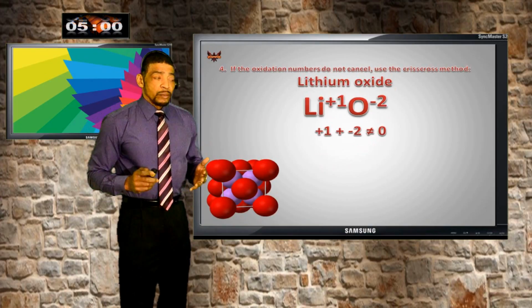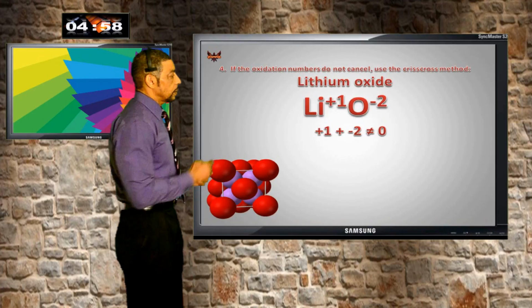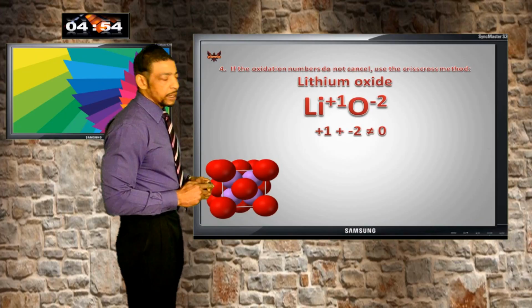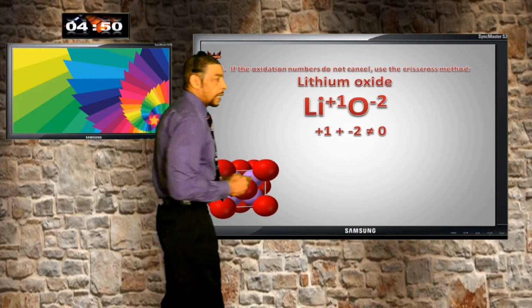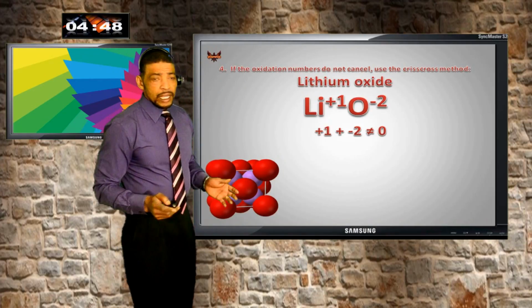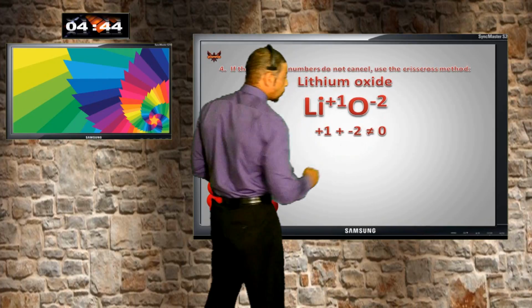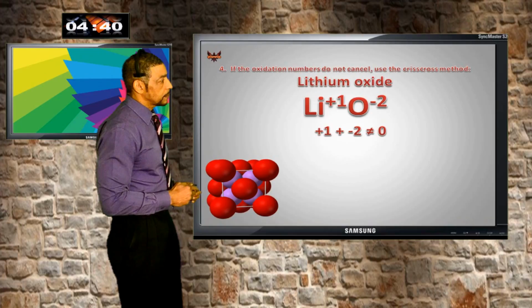If the oxidation numbers do not cancel, use the crisscross method. For example, lithium oxide. From the periodic table, the symbol for lithium is Li, and its oxidation state is +1. And the symbol for oxide or oxygen is O, and its oxidation state is -2. Clearly, +1 does not cancel -2.